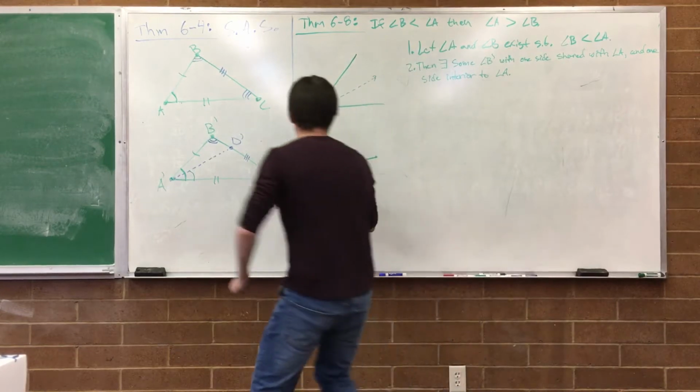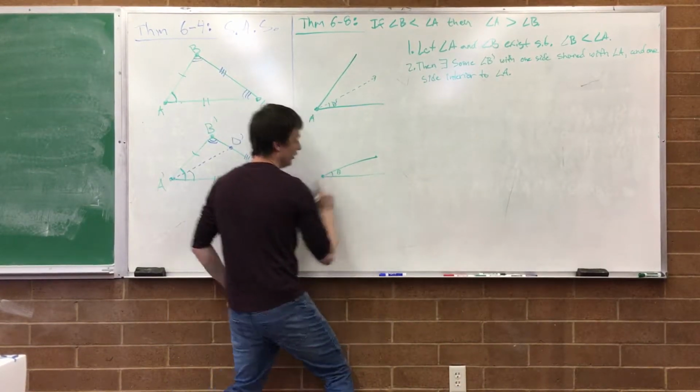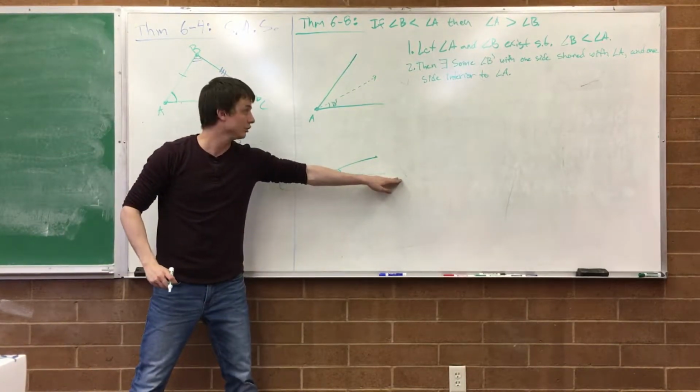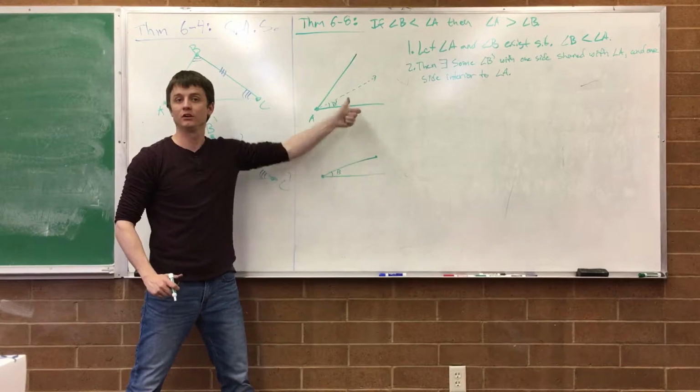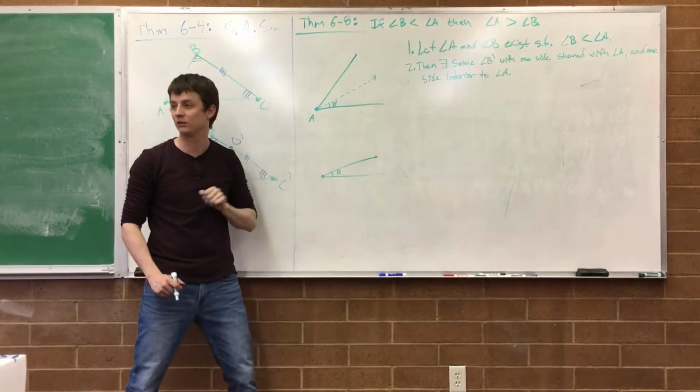Now I'm going to move where I put my B, because I'm going to want to put my A prime there. So my next step is, using this ray, construct angle A prime, so that the other ray of A prime is on the same side of this ray as the other side of B.